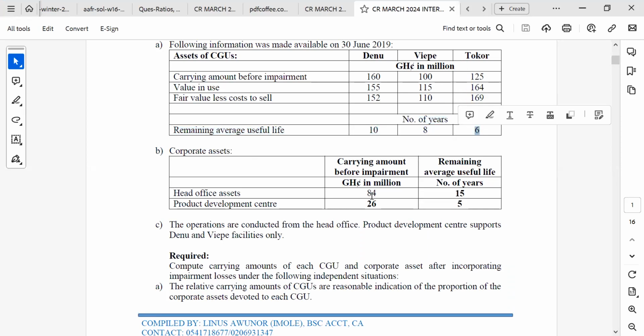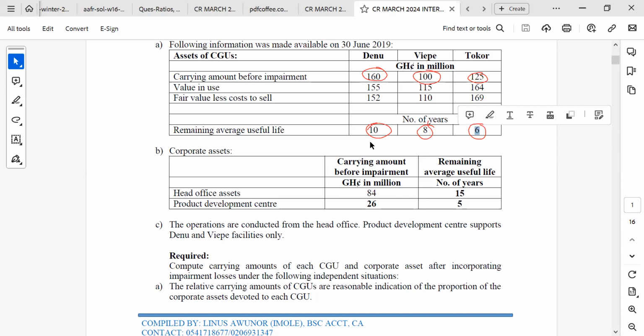If we are just sharing the 84 using their carrying value, we are going to be unfair because the new will be using the corporate asset more than any of them. So we find the weighted average carrying values by multiplying their carrying value by their useful life. So we do 160 times 10, 100 times 8, and the other multiplied by 6.